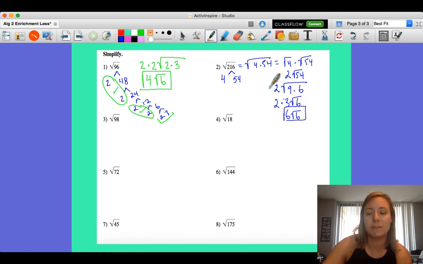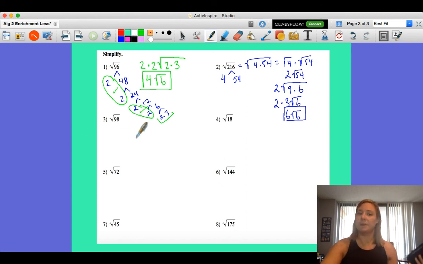Right? So even though I simplified it, I didn't simplify it completely. I didn't simplify it as much as I can. So maybe you realized right away that 36, I believe, must be a factor of 216, and you got 6 root 6 immediately. And maybe there's a faster way that you've done this, and that's fine.